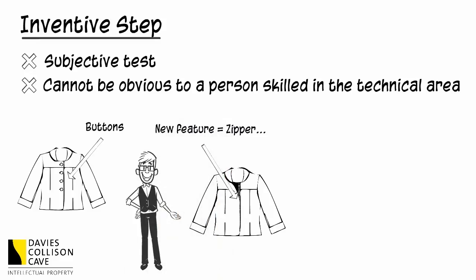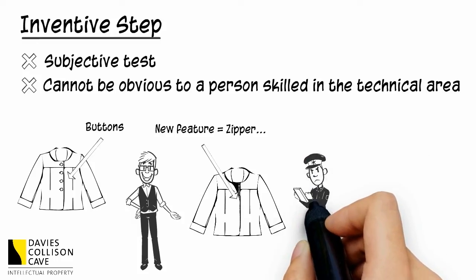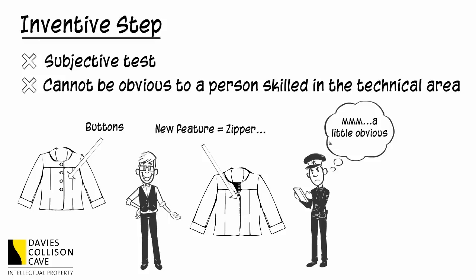But because the replacement of buttons with zippers would be considered obvious to a person skilled in that technical area, for example a coat maker, the examiner may raise an objection to you on the basis that your new coat with zipper does not have any inventive step.